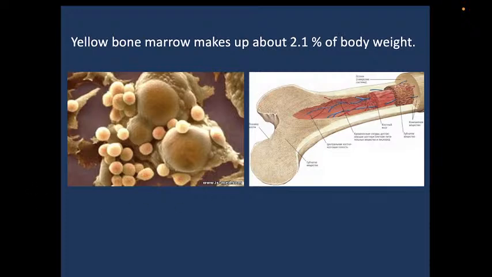Here you see the different parts of the bone. Usually red bone marrow is located here, but in the centrum, or in the body of the long bones, is located the so-named yellow bone marrow, which is a place for fat cells.